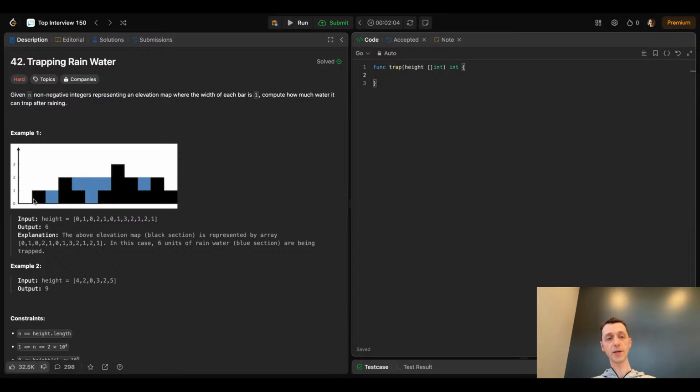If we just traverse this list of heights, and we see this height 1, the problem is we don't know. The height 1 can only hold up to 1, but we don't know what is the height of some post down the line. Is it actually 1, or maybe it's just 0?